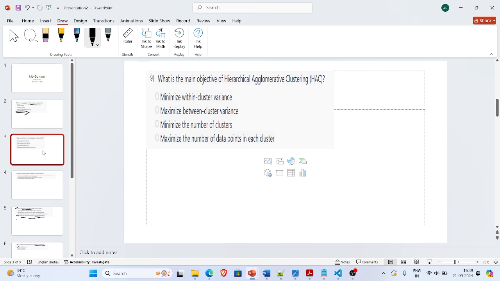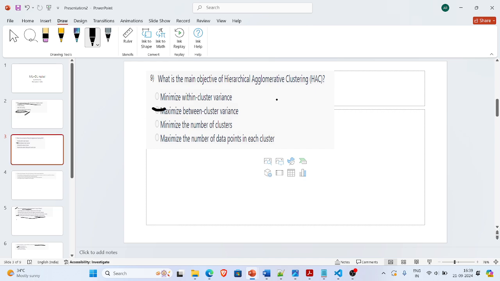What is the main objective of hierarchical agglomerative clustering? It maximizes the between cluster variance.